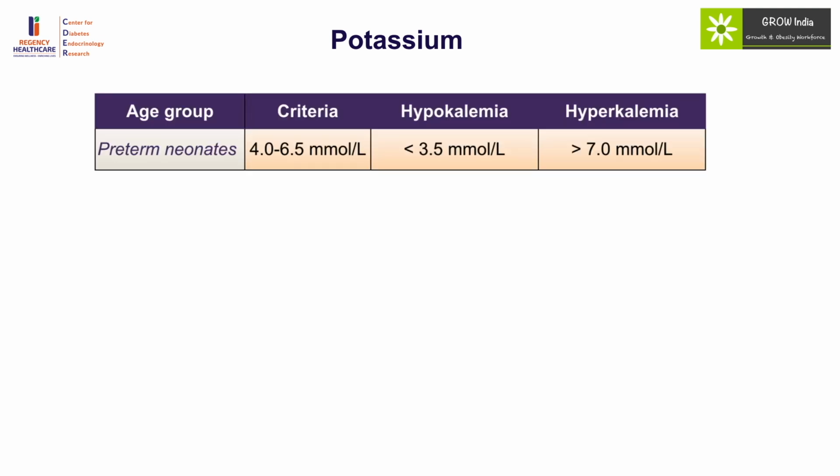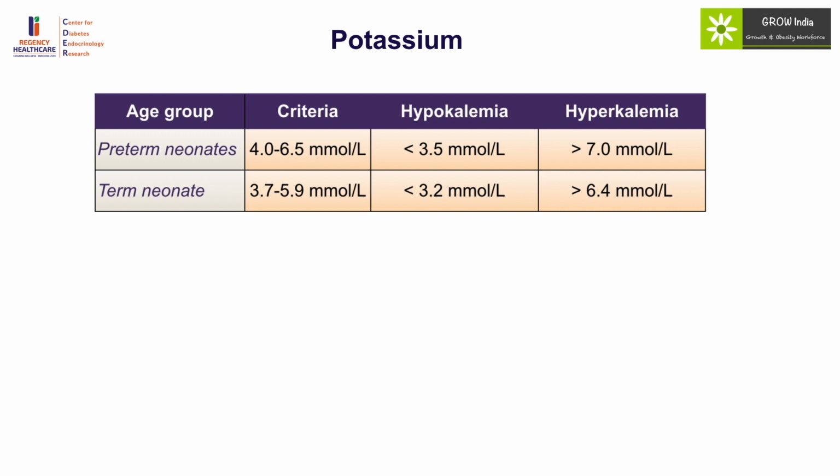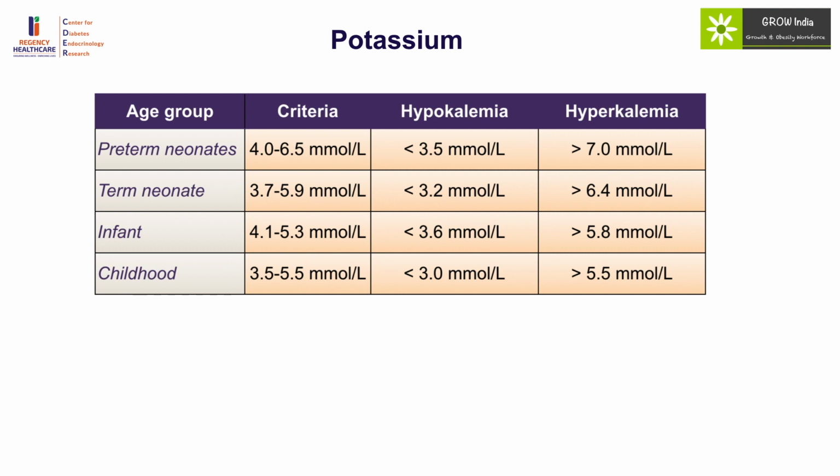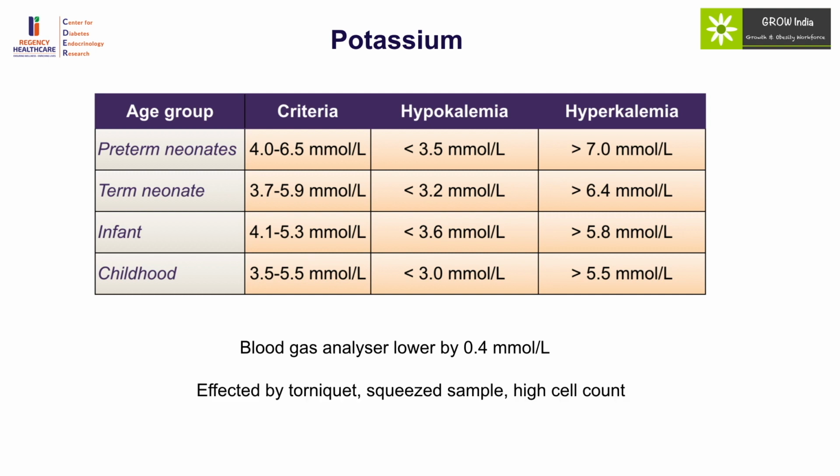So while the levels are higher in the preterm neonates, hyperkalemia is defined only when the levels are more than 7. The levels tend to come down in term neonates, but only after infancy do we tend to use the adult levels, and again one needs to be cautious when using the blood gas analyzer in this setting.